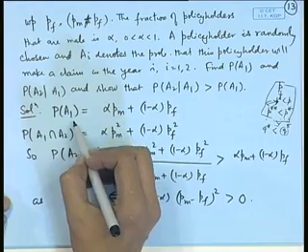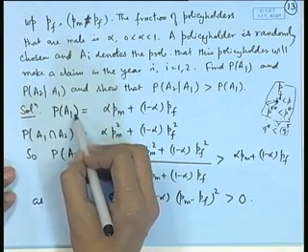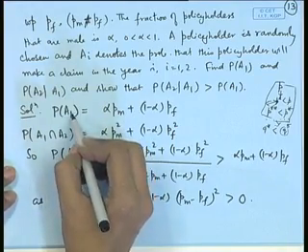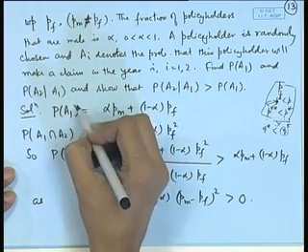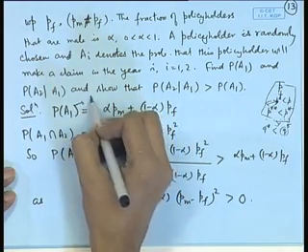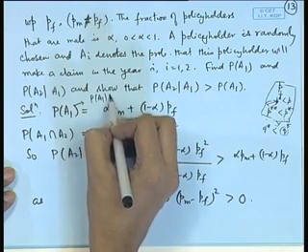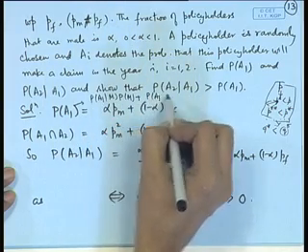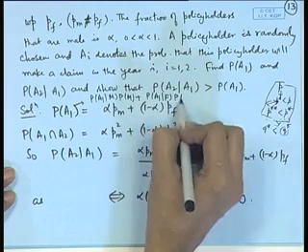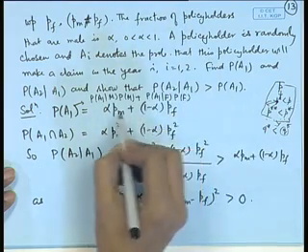So, using the same argument, probability of A1, that means the person makes a claim, is given by the theorem of total probability. This is probability of A1 given that he is a male, into probability of male, plus probability that he makes a claim given that the person is a female, into probability of female.